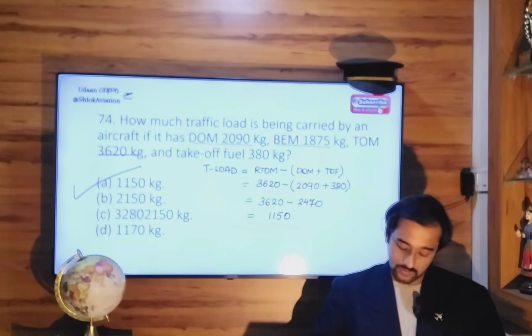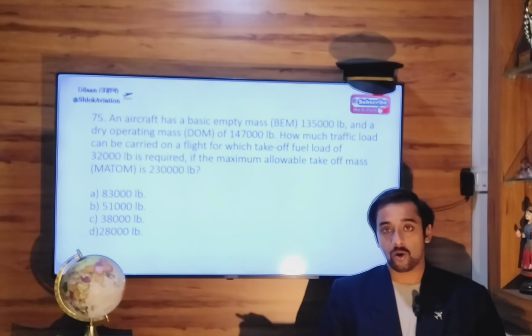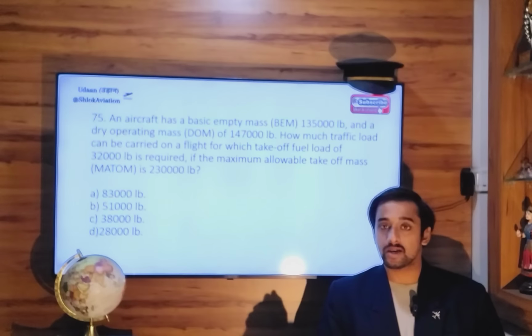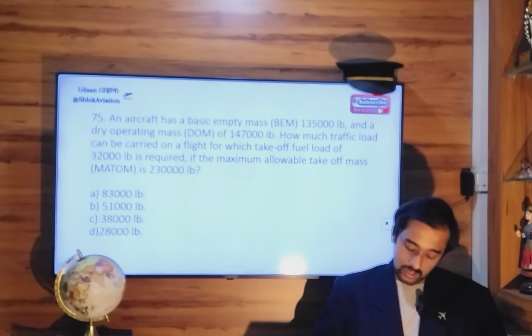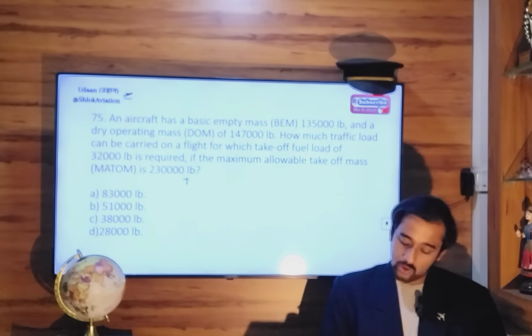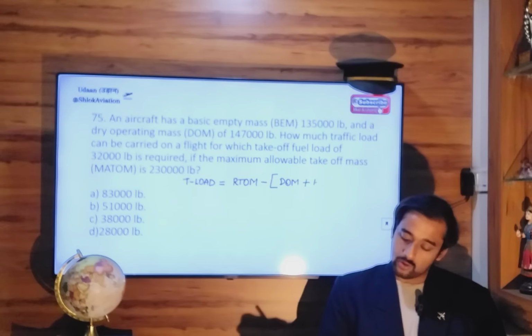Simple formula based. Question 75. Aircraft has a basic empty mass, dry operating mass, and takeoff fuel is also given. What is the maximum traffic load which you can carry with takeoff mass 230,000 pound? Again, put it in the formula. Traffic load equals to regulated takeoff mass minus dry operating mass plus fuel.